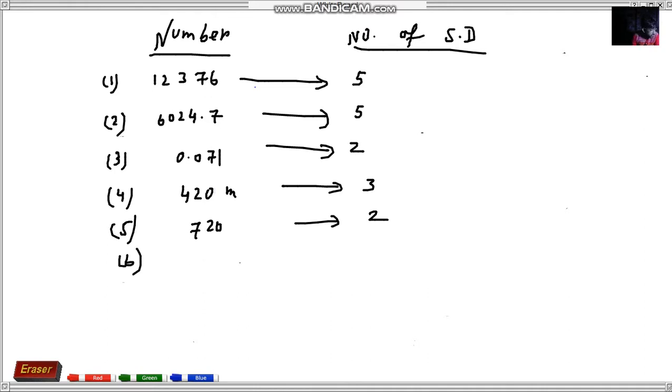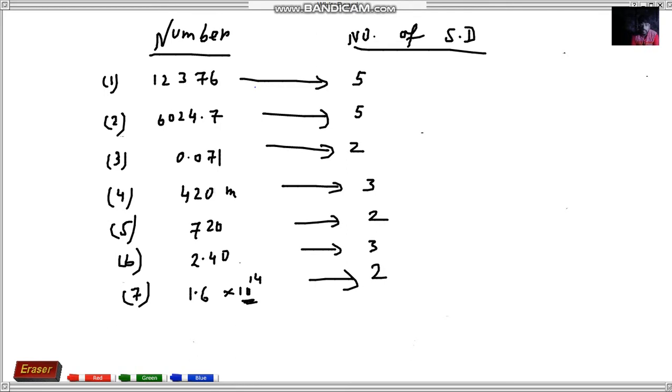Then number 6, it is 2.40, so here is a point, so this 0 is counted as a significant digit, so the number of significant digits will be 3. And number 7, if I asked you 1.6 into 10 to the power 14, then what? It will be 2 because the power of 10 is not counted as a significant digit.